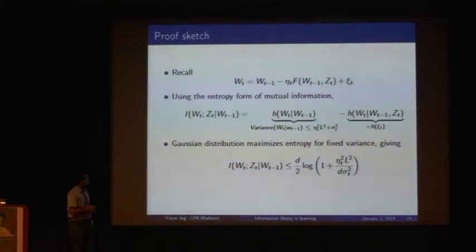Okay, so I guess that's one more property that I need, that for a fixed variance, the Gaussian has the maximum entropy. Okay, so that kind of gives this one step bound, that the mutual information in one step is upper bounded by this, and then I just take a sum over all possible steps and get the overall bound. So that's kind of a one line proof sketch, or one slide proof sketch.